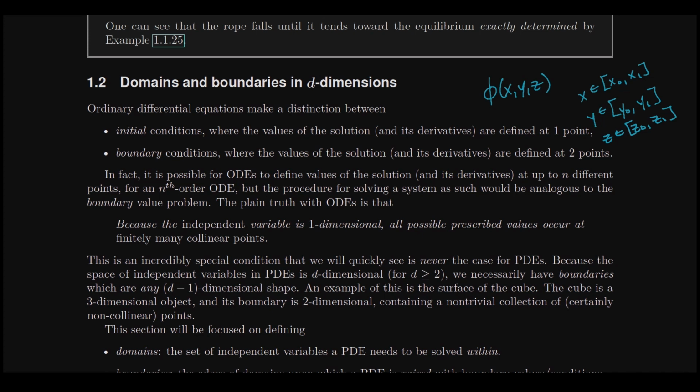That's just a rectangular prism, but the boundary of a rectangular prism is certainly non-trivial, right? It's going to be anything on the front, anything on top, anything on the side. The boundary is a full plane, or it's a subset of a plane. It's not just 2 points.